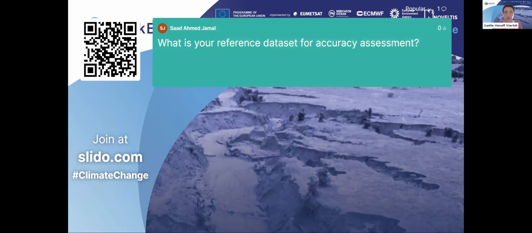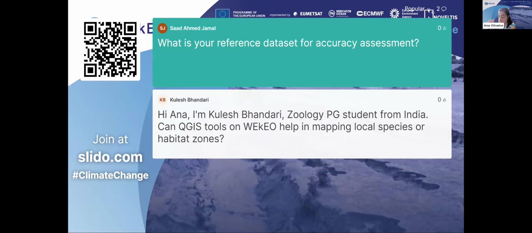Okay. What is your reference data set for accuracy assessment? So because this one is actually done back in 2019, for reference accuracy assessment on the original methodology, we selected random points and we visually inspected the site.